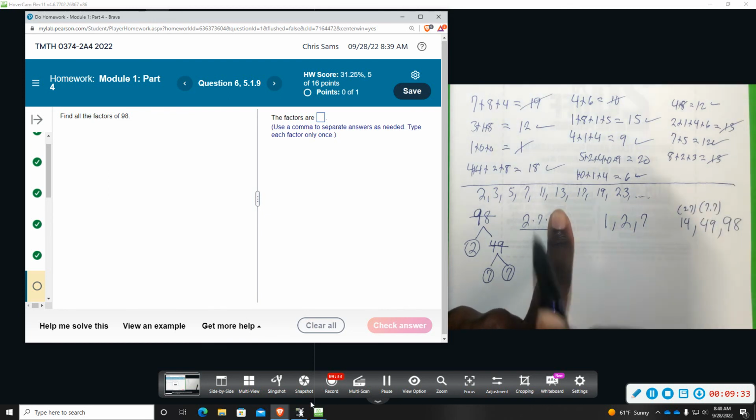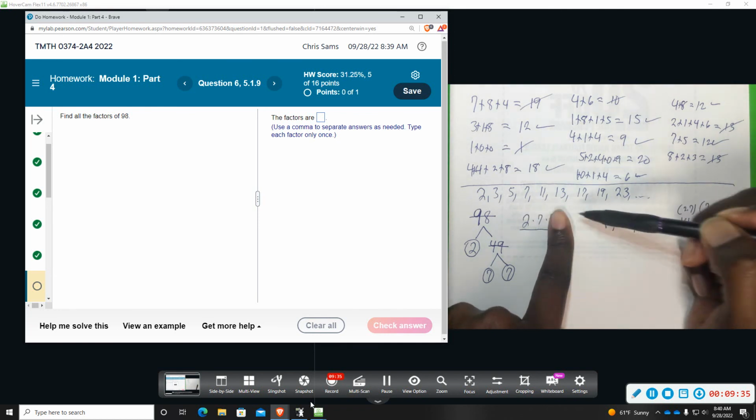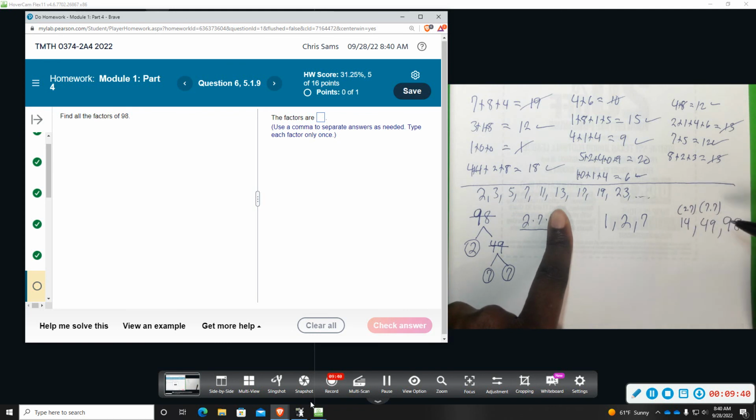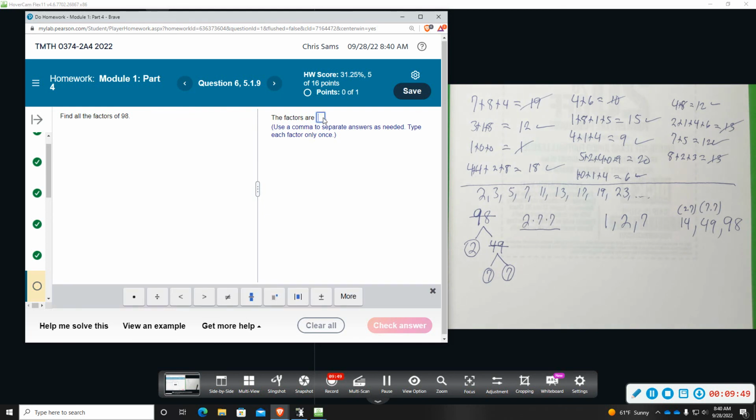So I'm always using all the numbers, but I'm using 1 at a time, or however many I need at a time, and whatever's left makes up my remaining number. So that is a method to find all the factors. 1, 2, 7, 14, 49, and 98.